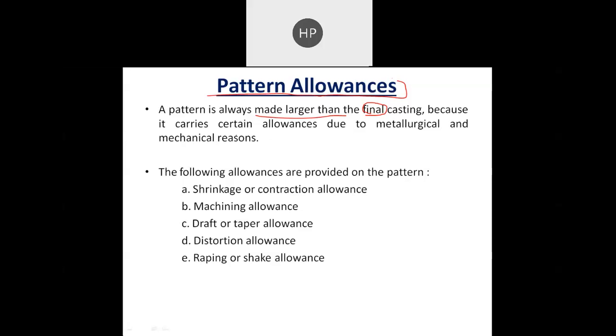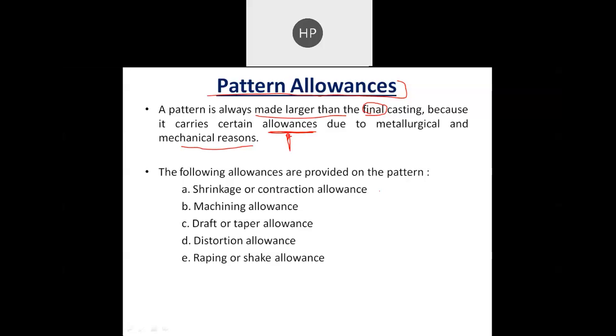Because it carries certain allowances, due to metallurgical and mechanical reasons. Due to those allowances, it is made slightly larger than the final casting. So what are those allowances?